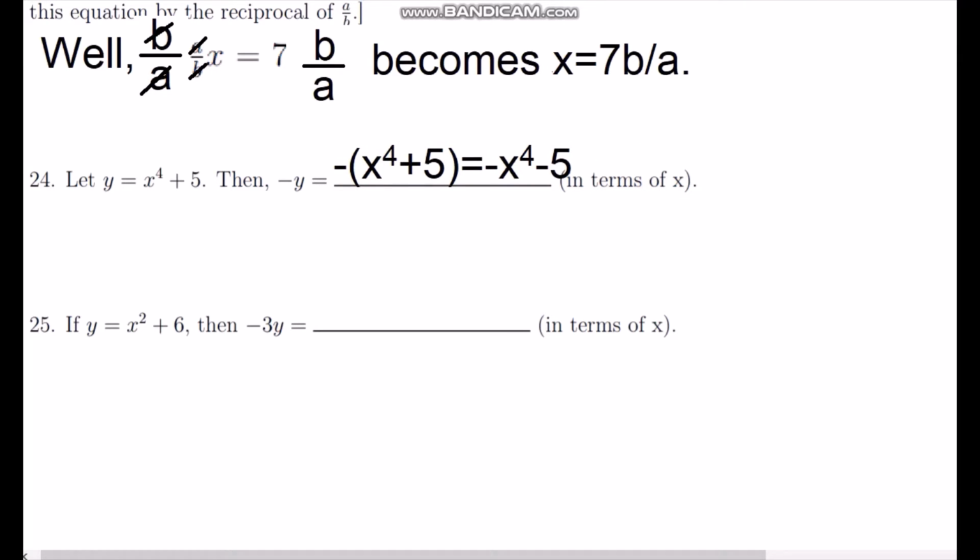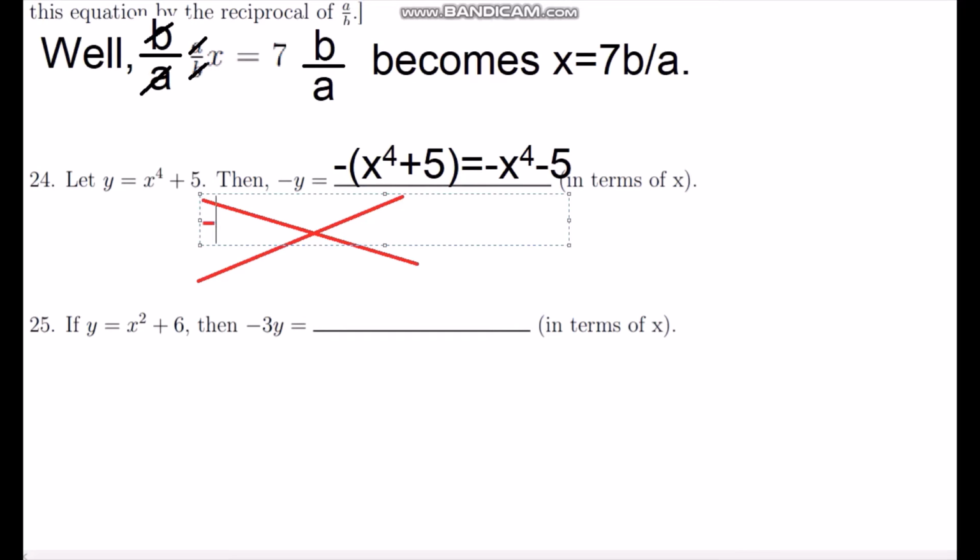What we shouldn't do, this would be bad. Let's get the color red out. We shouldn't have minus y and then just leave our x to the 4th plus 5. That is the temptation of not bringing the parentheses in properly.